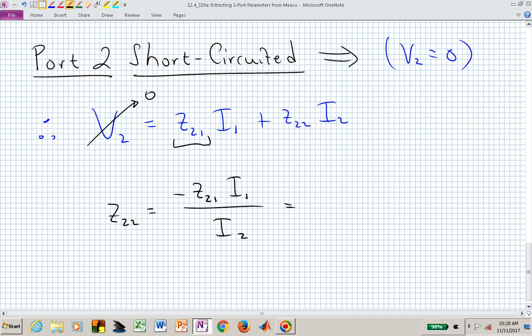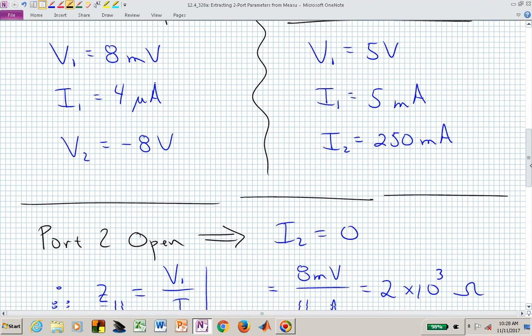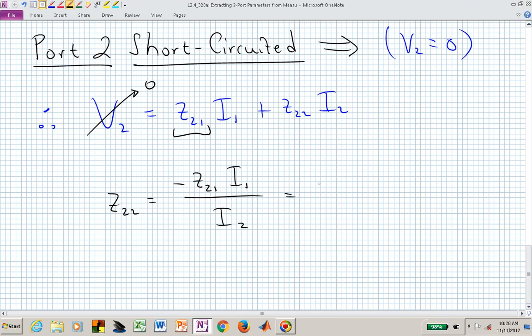And that, if you go through with the appropriate measured data values and the already computed Z sub 21 value, you will find that Z22 is 4 times 10 to the 4th ohms, or we now have 40 kiloohms for Z sub 22.